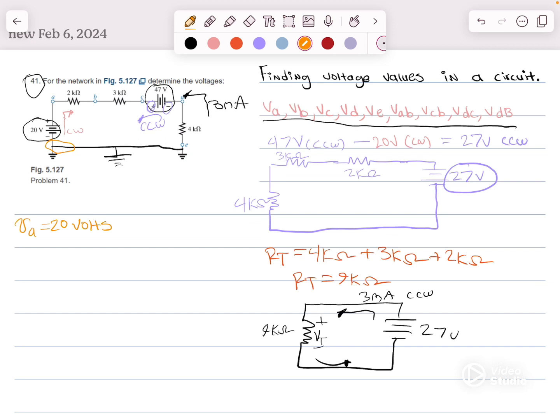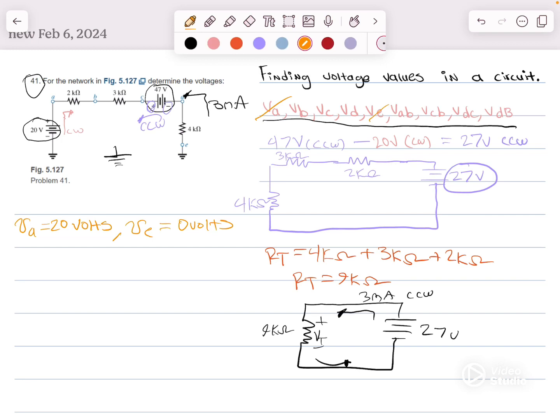Another easy node I see that we can discover is VE. VE is connected to our ground node on this side, and that's telling me that this is represented as ground, and VE is going to be 0 volts. I'm going to cross them off of our list, and now we can keep on analyzing our circuit.